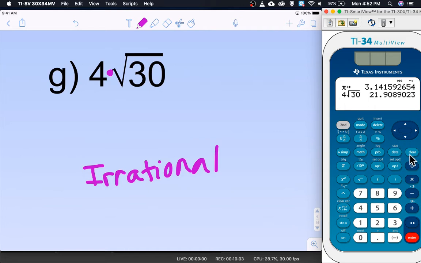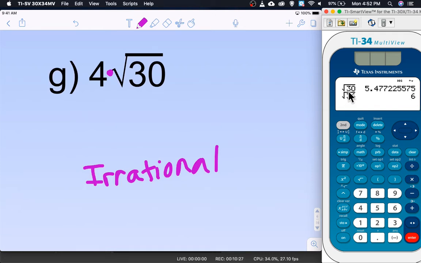And there's a few reasons for that. One is, whenever you take the square root of a number, if you don't get a nice, perfect answer, like 5 or like 2, it's irrational. Now let's compare this. If I take the square root of 36, watch what I get. A nice, perfect answer, 6, a whole number.